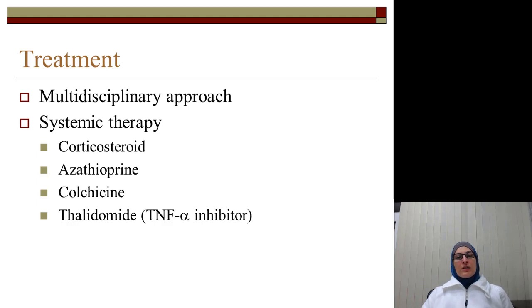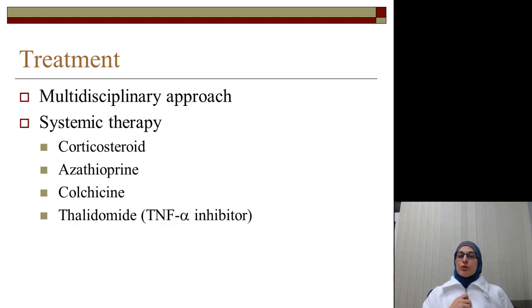This is why we call it a multidisciplinary approach, because usually the patient is under the care of several physicians from different specialties. The main treatment of that disease is steroid therapy, a systemic steroid therapy. And usually the patient will start receiving other medications like azathioprine, colchicine, thalidomide, or maybe the new biologic treatments to reduce the inflammation or the vasculitis.